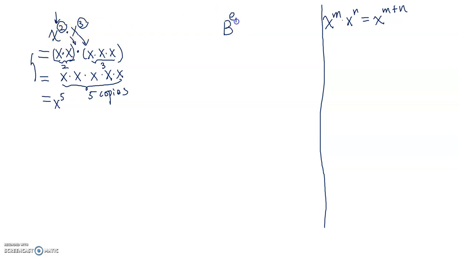So I'm going to call the first one E1 times the same base B, representing x here. And the second exponent, I'm going to call it E sub 2. And when we multiply these two powers of B, we are going to keep the base, adding the exponents, E1 plus E2.